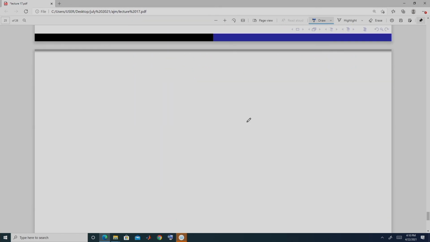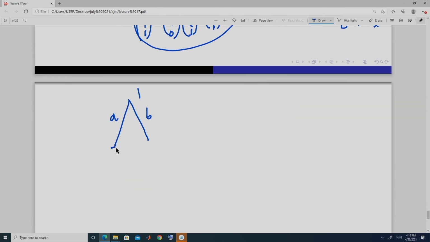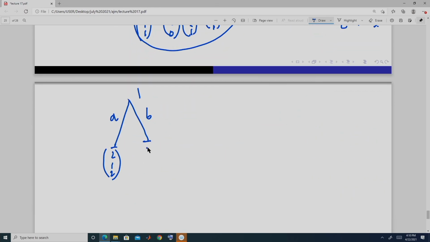So, this game now: A, B. A is 2, 1, 2, and this is 3, 2, 1. So, player 1 is going to choose this.